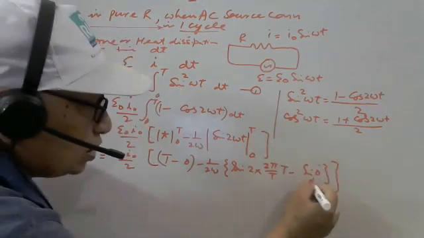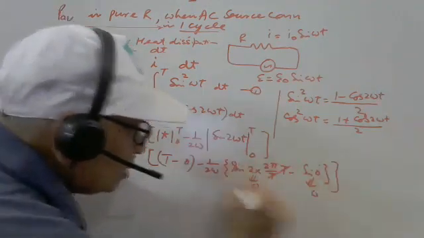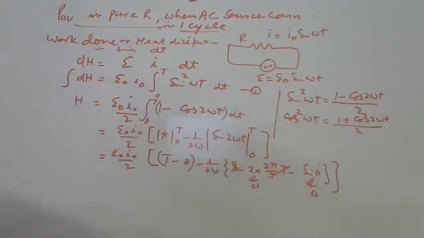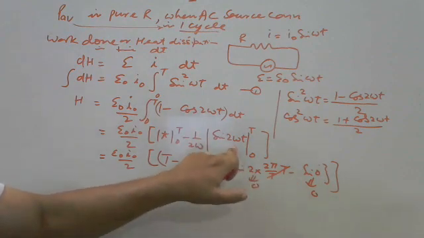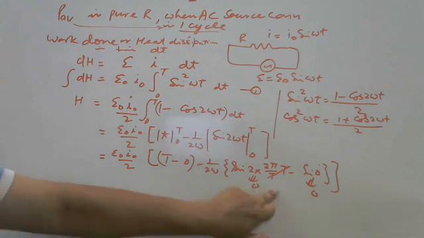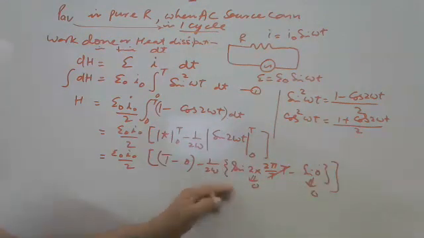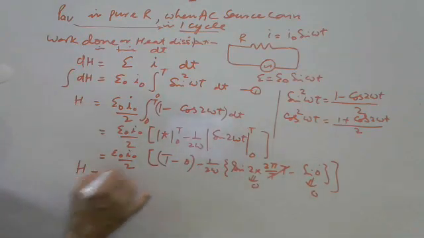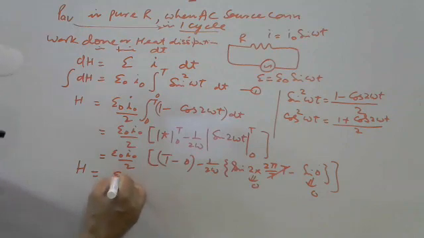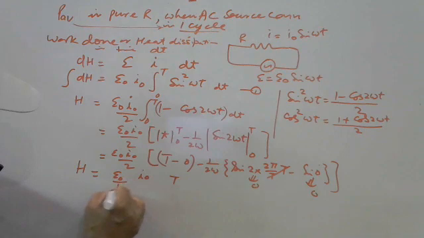Sin 0 is 0, and sin 4 pi is also 0, since the T cancels out. So this second part is 0. The heat can be written as E naught I naught T upon 2.